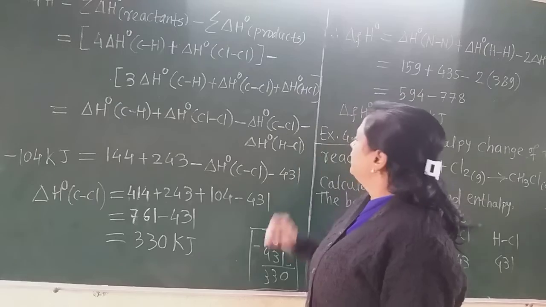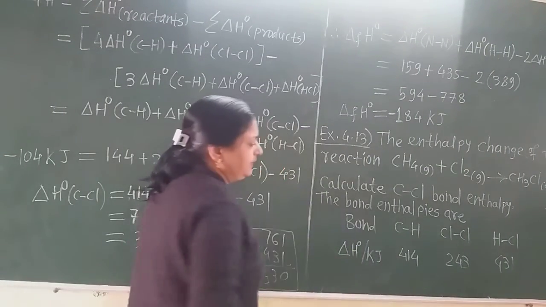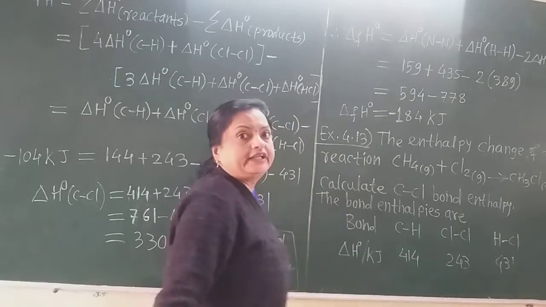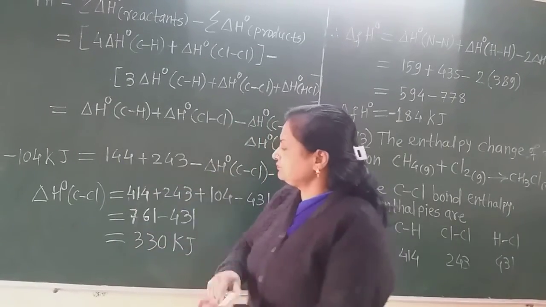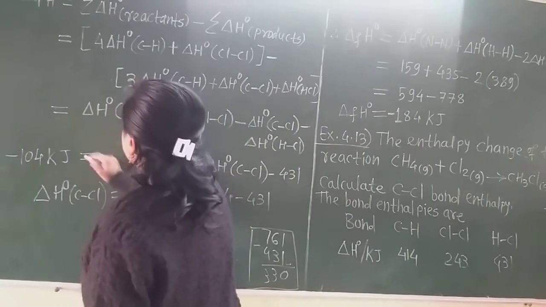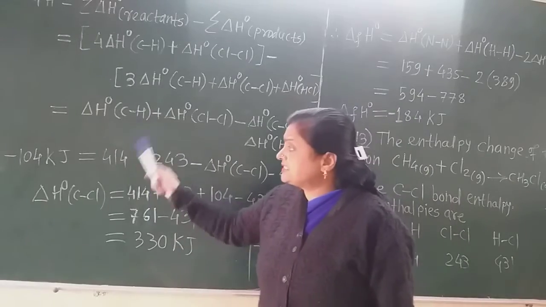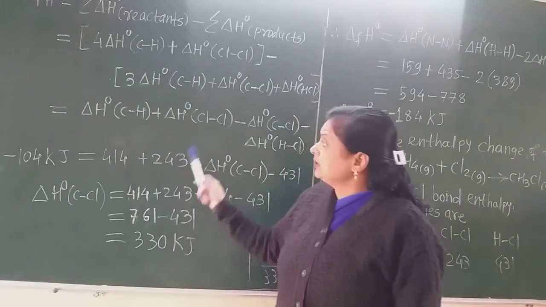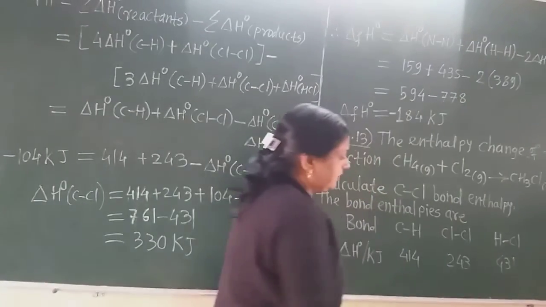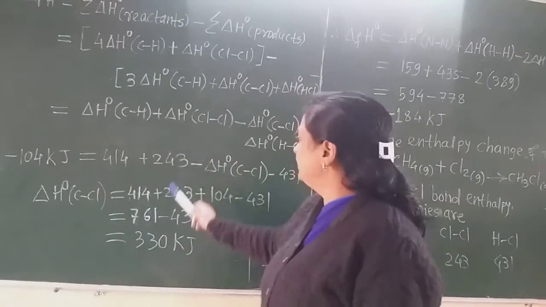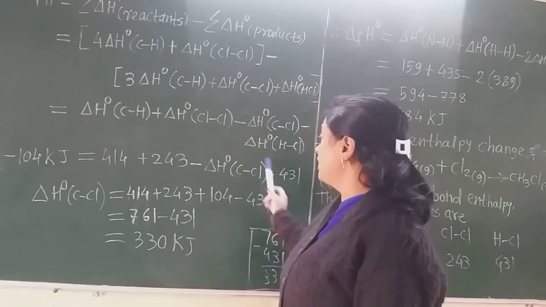Okay. Now substitute the values. What is the value of C-H bond enthalpy? 414. So I write here 414. Now this is the value of the C-H bond, 414. The value of the C-Cl bond is 243. See here, 243 is the C-Cl bond value, minus this we have to calculate the C-Cl bond enthalpy.